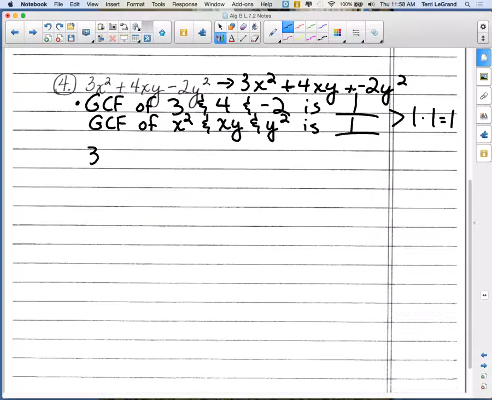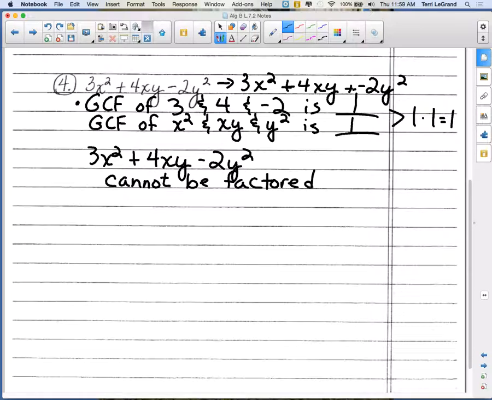So you would say that 3x squared plus 4xy minus 2y squared cannot be factored using the GCF method.